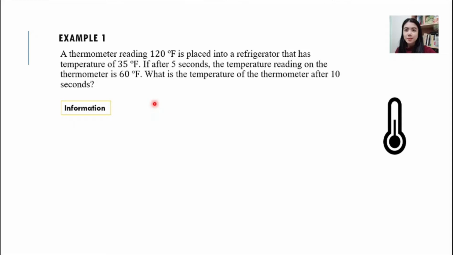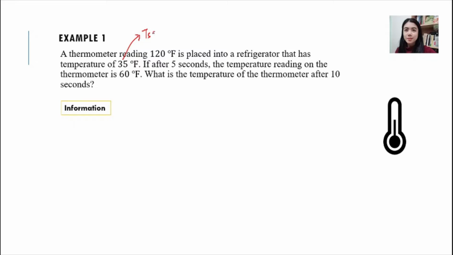First, you have to figure out the temperature of the surroundings. For this example, the temperature of the surroundings is the temperature of the refrigerator. It mentions that the refrigerator has a temperature of 35 degrees Fahrenheit. This is your Ts.